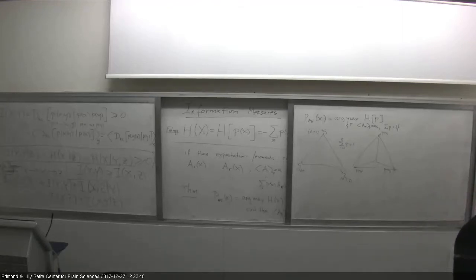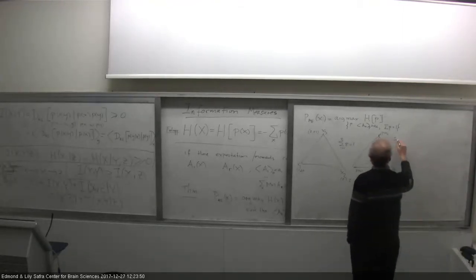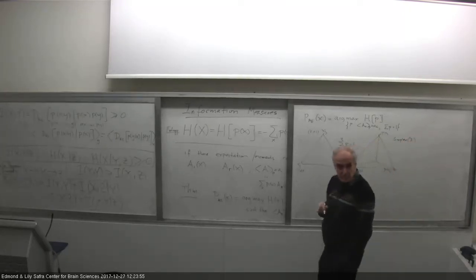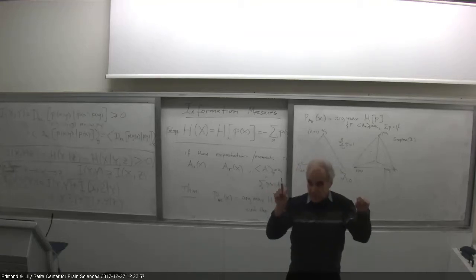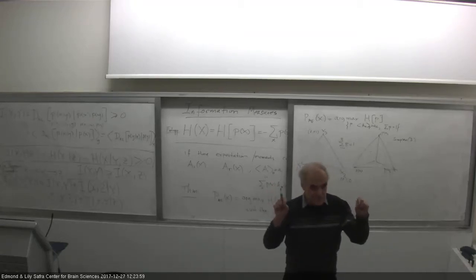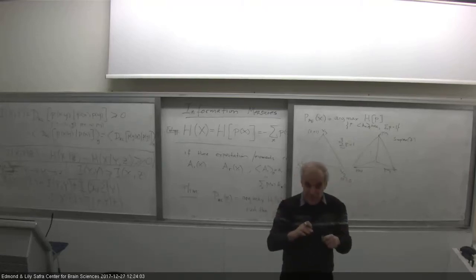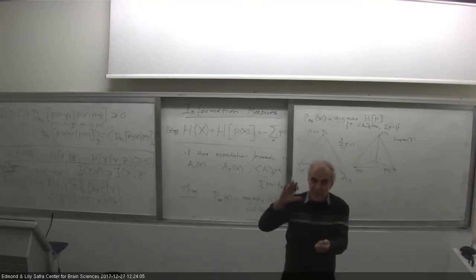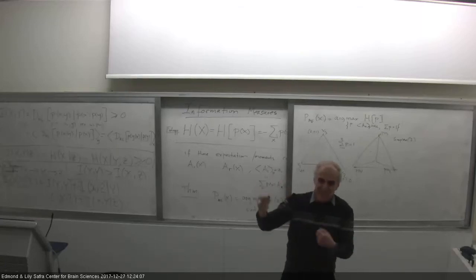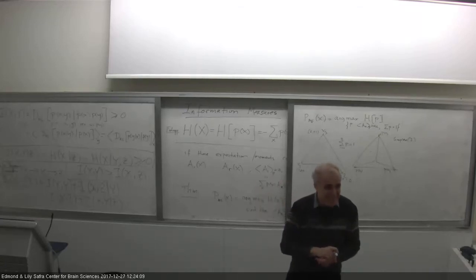Is this clear? In general, we call this the simplex. In this case, it's 3 dimensions. The 1-dimensional simplex is just the 0, 1 interval. The 2-dimensional is this triangle. The 3-dimensional is a tetrahedron, and so on.